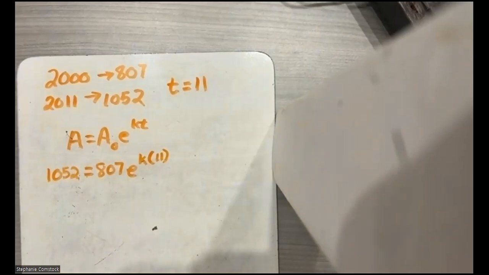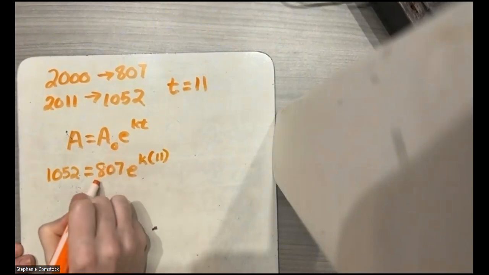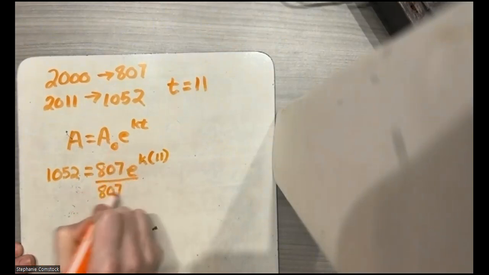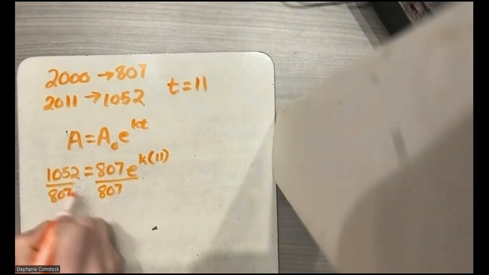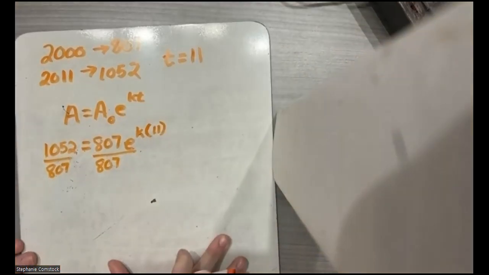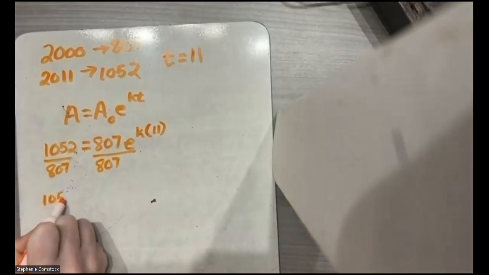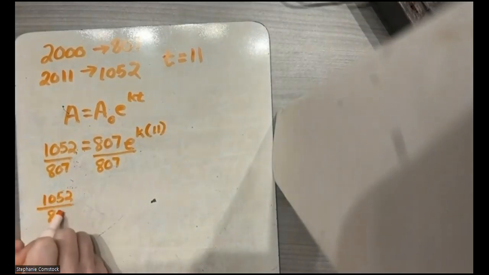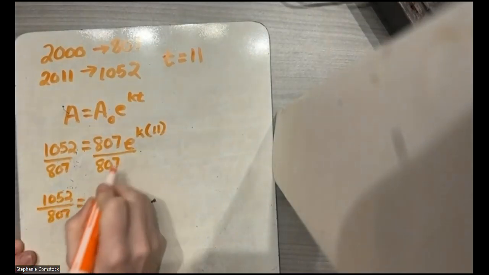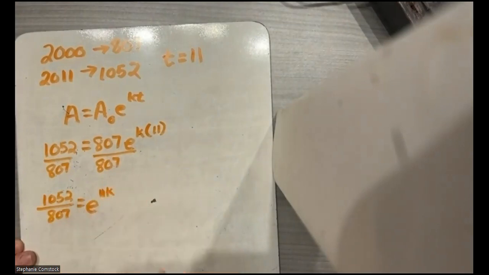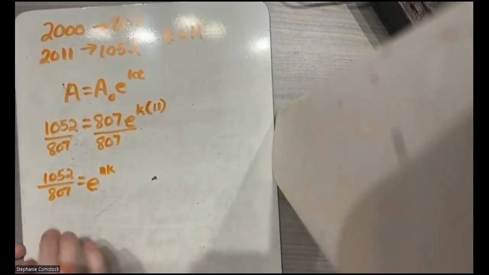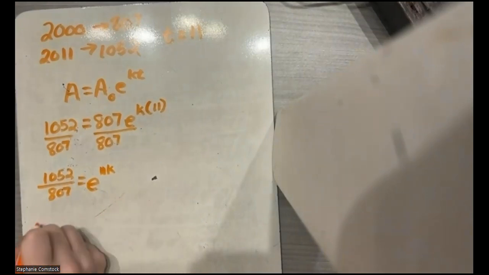The first thing that we're going to do to try and solve for k is I need to get rid of this 807. So I'm going to divide by 807 on both sides, and I'm going to save all my math for the end. And I'm going to make that 11k up there. Now, once I have this, we know that in order to get rid of the e, we can use natural log.